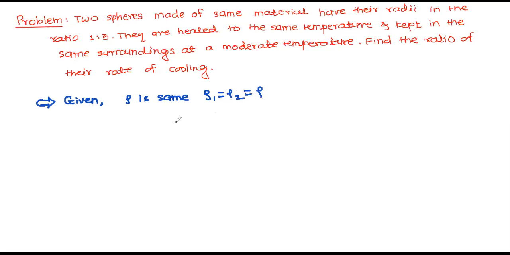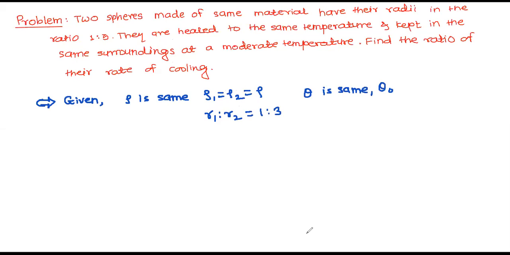Then they have given the ratio of radius, r1 is to r2 is equal to 1 is to 3. Heated to the same temperature means theta naught is also the same.